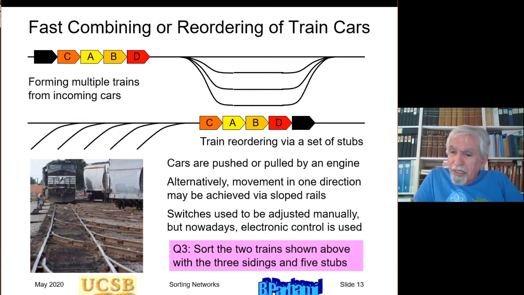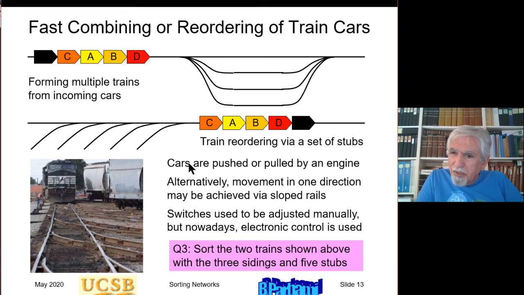Okay, question 3 that I want you to answer is to sort the two trains shown at the top of this slide, both in the case of 3 sidings and in the case of 5 stubs. Assume that I'm using gravity.